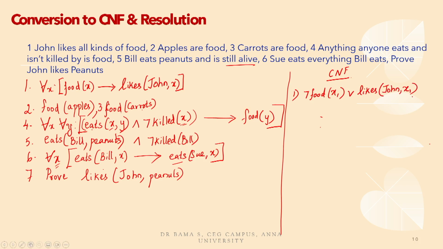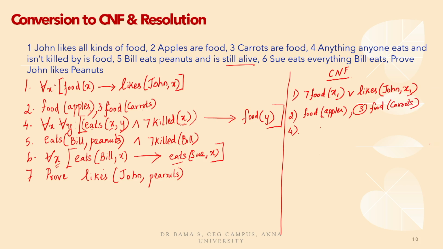So, if you see this 1 here, this represents the normal values that we said in the last class where we converted into CNF. It should be consistent with the other set of facts. The second one is food of apples, that remains the same, that when converting into CNF 2 and 3 will be the same, food of apples, and third one would be food of carrots, that would be the same.